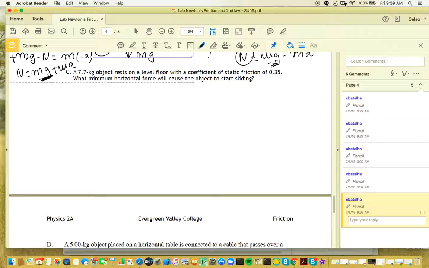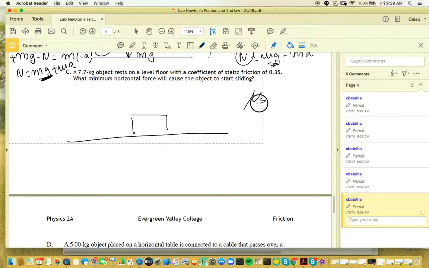A 7.7 kilogram object rests on a level floor with a coefficient of static friction given. Okay, the coefficient of static friction is 0.35. What is the minimum horizontal force? So now, if you apply a horizontal external force, the static friction matches up and the block doesn't move.